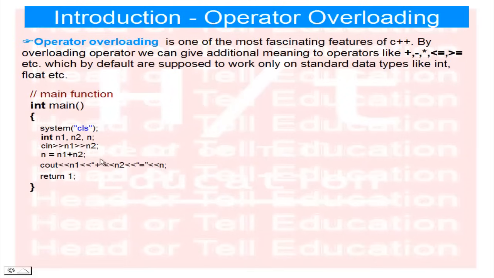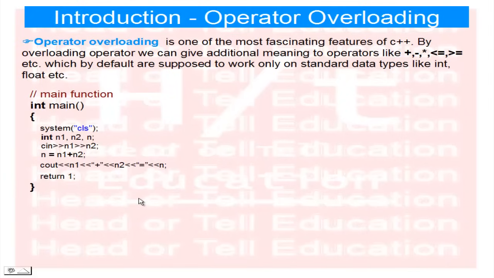If we need to calculate, like n equal to n1 plus n2, or n1 minus n2, n1 divided by n2, like any operator, then for printing the result we use cout. So this is the output for n1 plus n2, the result is showing here. So this is integer, like float, like double, and these are our standard data types, and this operator works only on standard data types.